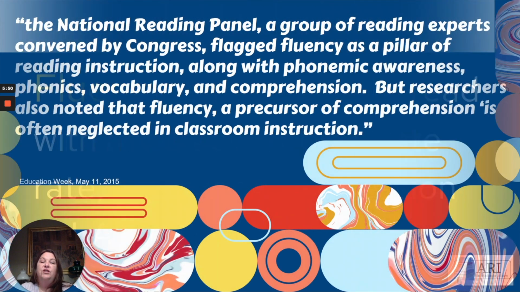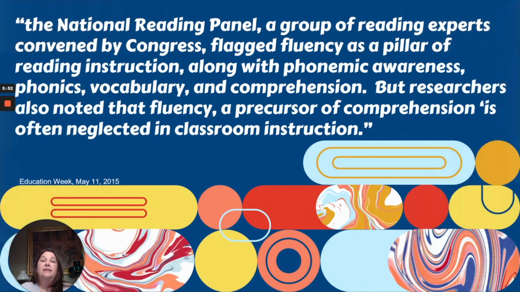Here is a quote from Education Week that says the National Reading Panel, a group of reading experts convened by Congress, flagged fluency as a pillar of reading instruction, along with phonemic awareness, phonics, vocabulary, and comprehension. But researchers also noted that fluency, a precursor of comprehension, is often neglected in classroom instruction.